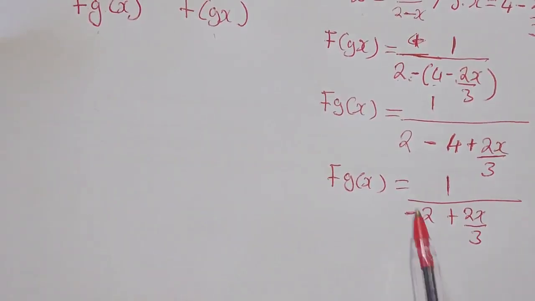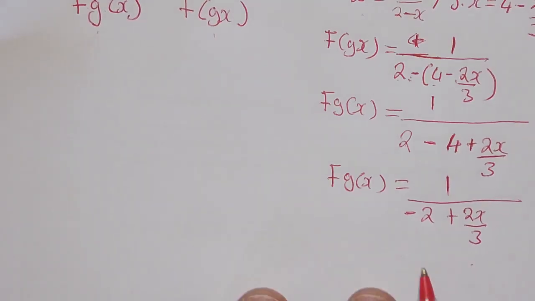Having reached this stage, we find the common denominator, which will be 3.